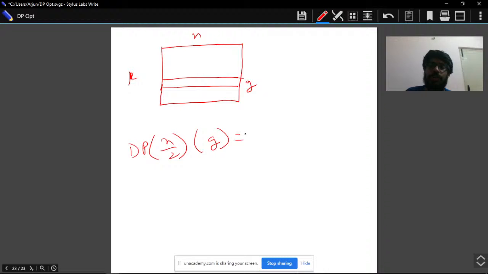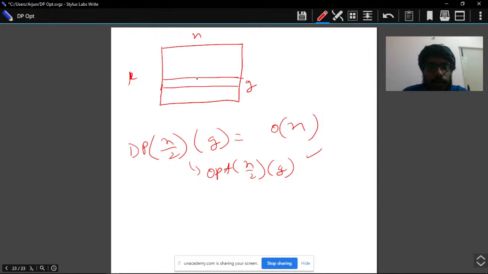When I find the answer, I also find opt[n/2][g]. This takes order of n time, and opt[n/2][g] is found. Now this element has been filled.